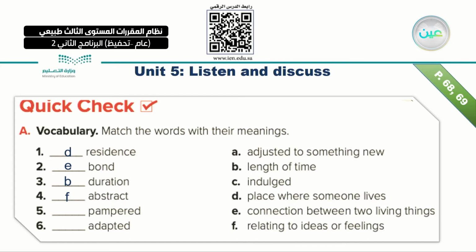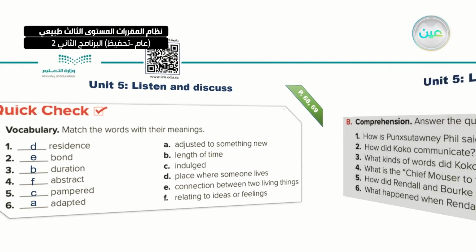So this is the difference between abstract and concrete. 5, pampered, and it is C, indulged, and 6, adapted. What does it mean, adapted? It means A, adjusted to something new. And we saw how Christian adapted with his owners, when we said that he adjusted to the environment and the place when he lived in the basement.